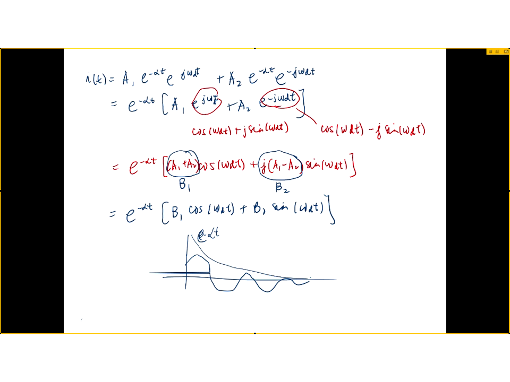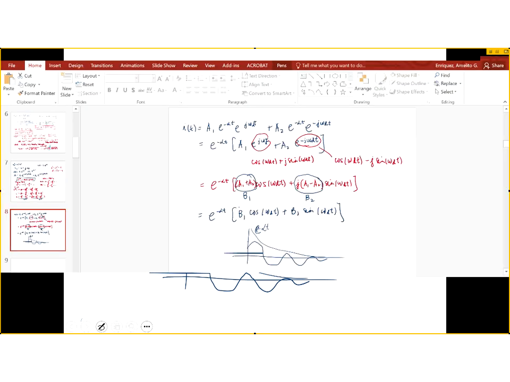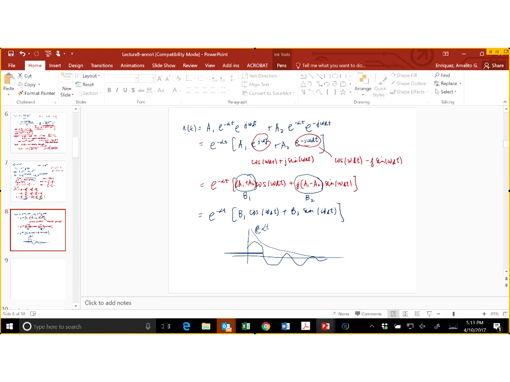So it's really just an exponentially decaying sinusoid, and it looks less, what's this? Bad. Scary than having complex numbers in the exponents. Okay, I can stop now. So that's the second case. And then we also, of course, have a third case that we will look at next time.